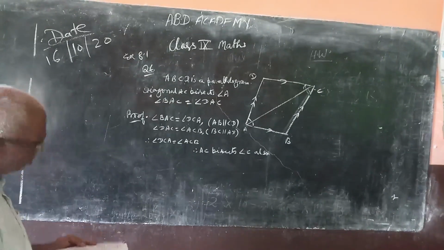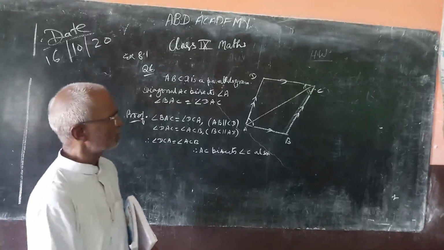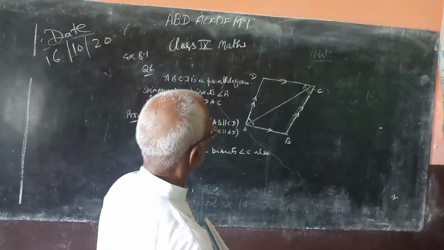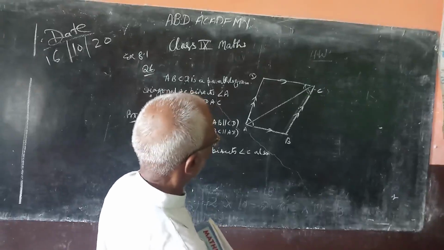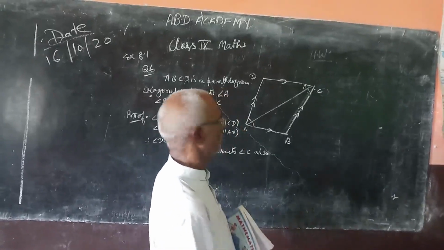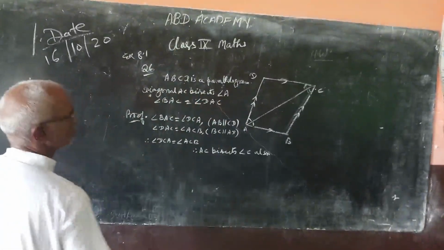Then, ABCD is a rhombus. For being a rhombus, here AB is equal to DC, and BC is equal to AD. But if AB and BC are also equal, then it will be a rhombus.